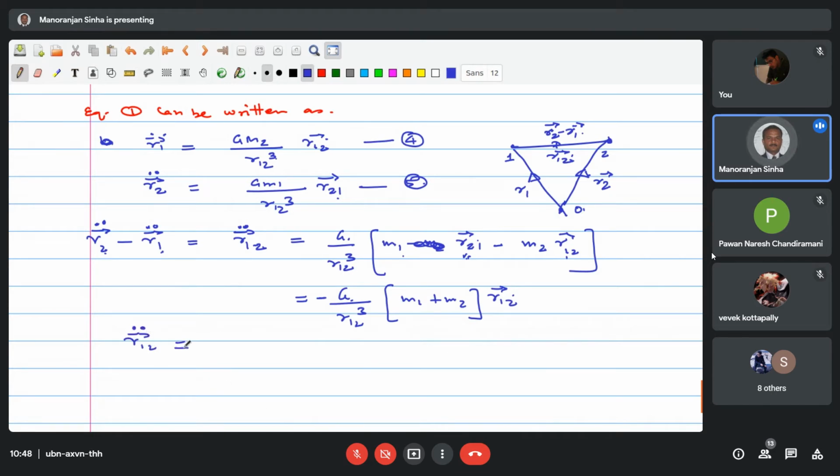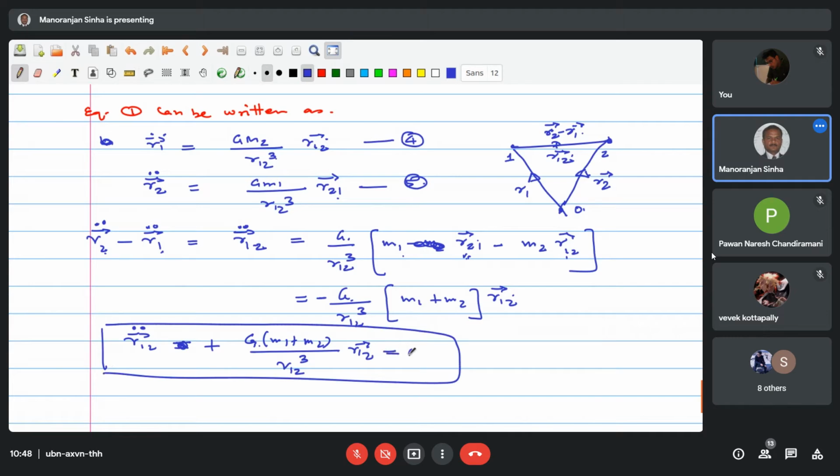So the motion of particle 2 with respect to particle 1 can be described using this equation. And this is of the same format as our central force motion equation. So all the properties which we worked out there are applicable here in this case also, because it's written in terms of R12, so this is also central force motion.